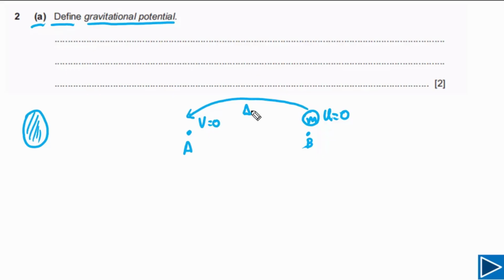It simply means that in this case there is no change in kinetic energy of the unit mass. So the amount of work done is equal to the potential difference between A and B. We can also write this in this form: VA minus VB, meaning the potential difference between A and B, is equal to the amount of work done from B to A per unit mass. So this is how we can define the potential difference between A and B.